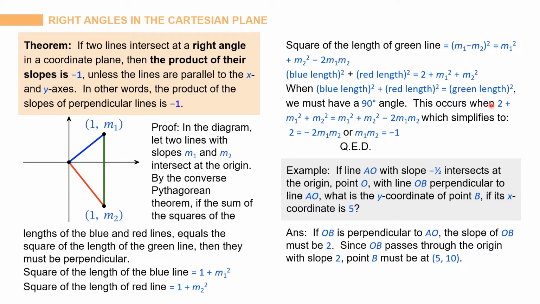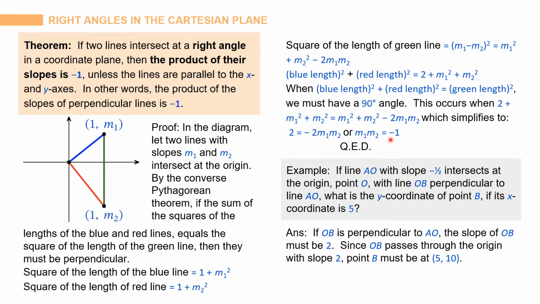This occurs when 2 plus m1 squared plus m2 squared equals m1 squared plus m2 squared minus 2 m1 m2. Canceling things on both sides, this simplifies to 2 equals negative 2 m1 m2. Dividing both sides, they're perpendicular if the product of their slopes, m1 and m2, is equal to -1.